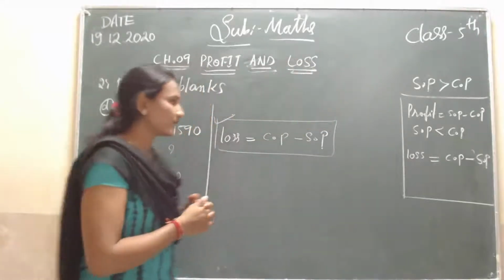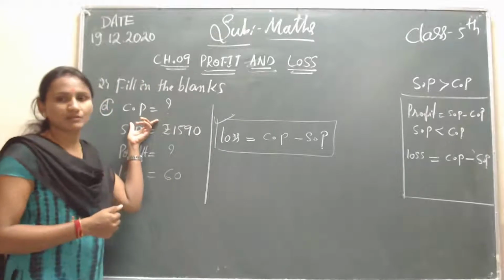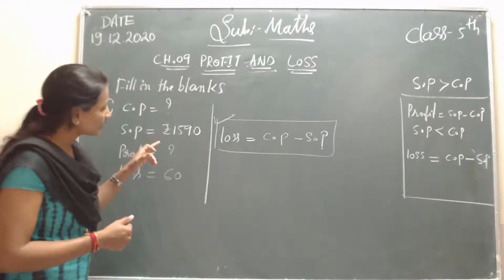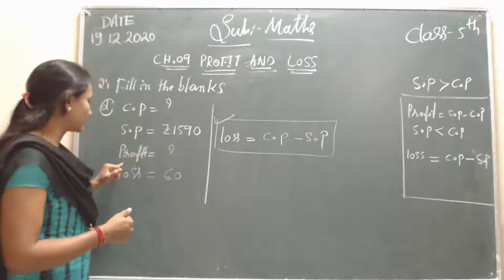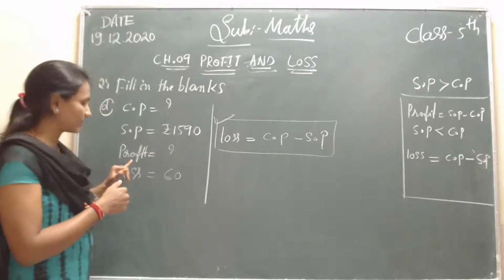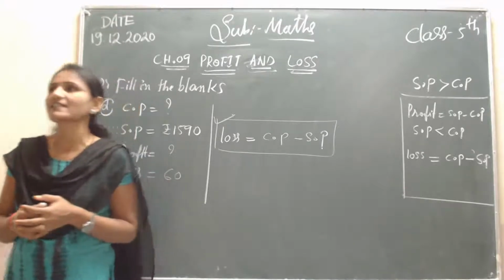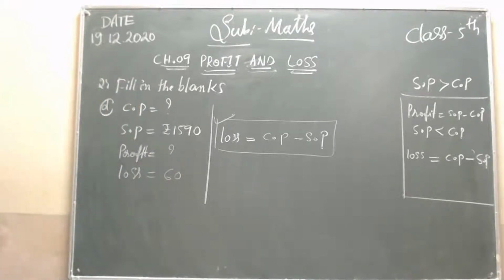Students, can you see? Here CP is the question mark, and you have to find the CP. SP is already given, the value 1,590. The question mark is profit. The loss is equal to 60.